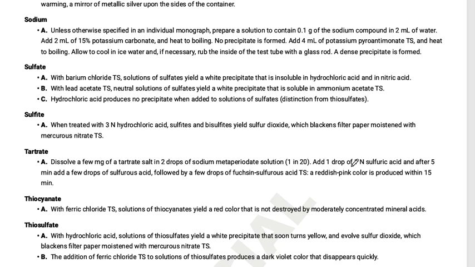Add 1 drop of sulfuric acid, and after 5 minutes, a few drops of sulfuric acid. And then a few drops of fuchsin-sulfurous acid TS, and a reddish-pink color is produced within 15 minutes. So this one's going to take more than 1 reagent.